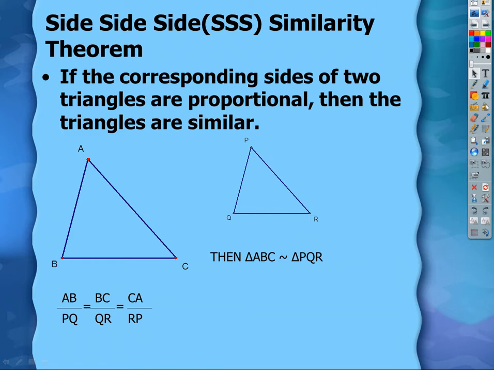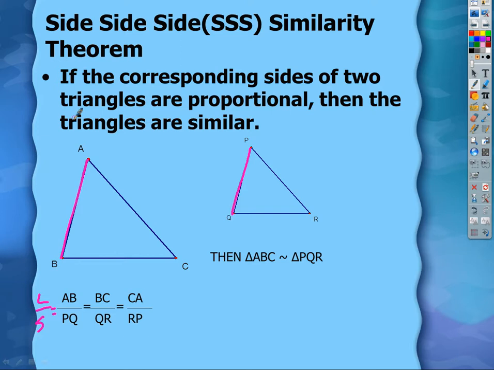So in this case, for example, if we've got this big triangle ABC and this little triangle PQR, if we look at corresponding sides, if the ratio of AB over PQ, so is our scale factor small to big or big to small? Big to small. Okay, so good. We got large to small.